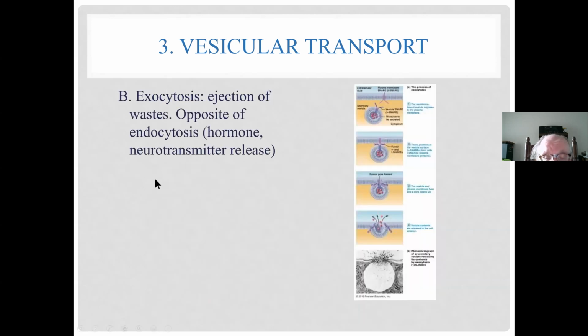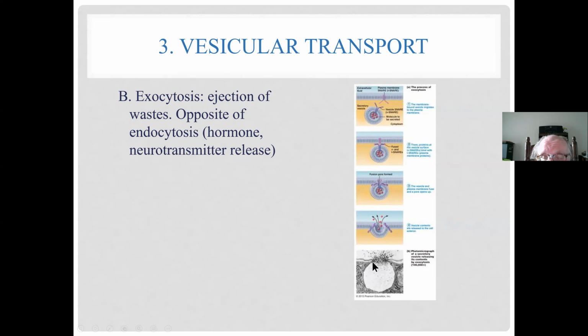Exocytosis, we use for a number of things. The thyroid gland is an endocrine gland that produces thyroid hormone. It doesn't have any ducts to move anything into another chamber; it secretes directly into the blood vessel. The thyroid hormone is packaged up and taken to the cell membrane.